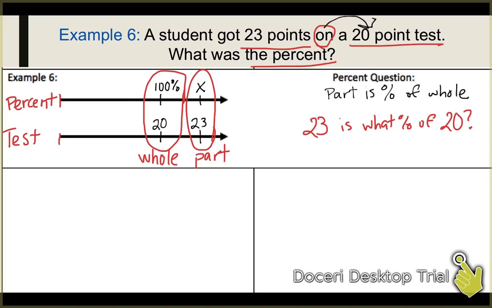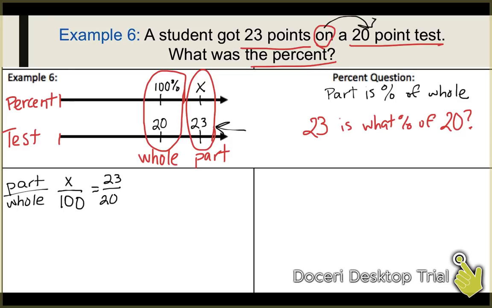If I set up my guide fraction of part over whole, I know that my first fraction is going to be my percents. So I actually don't know what my part of my percent is. So I have x over 100 is equal to 23 over 20. Remember that this 23 is the part.